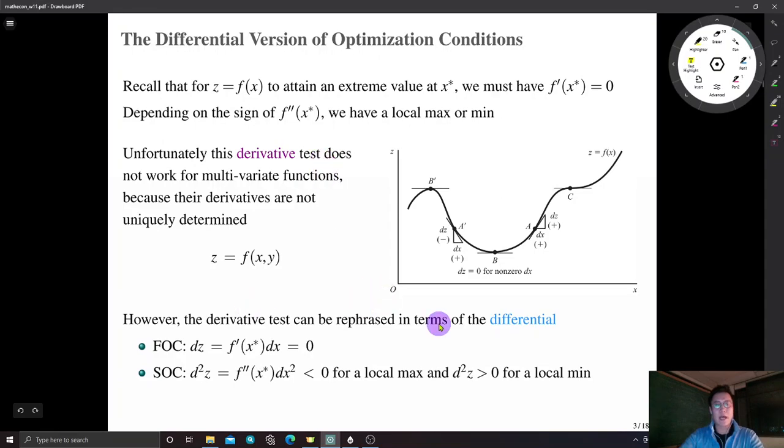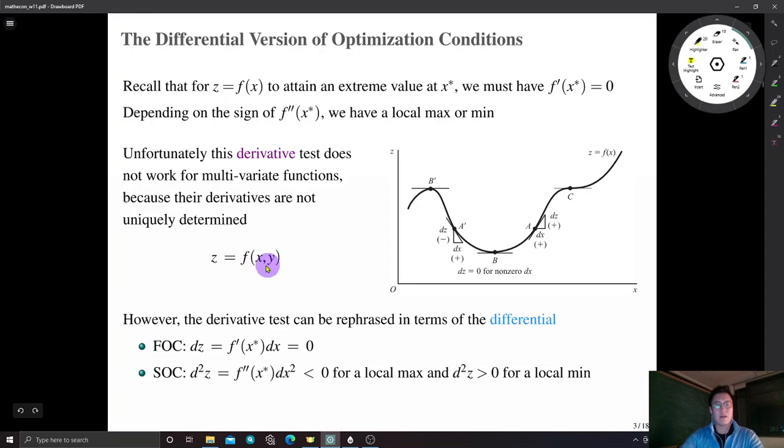But the basic idea comes from the differential. One comparative advantage of the differential, in contrast with the derivative, is this: in the case of a single variable, the derivative is uniquely determined. A single variable function has only one derivative and then only one second derivative, right?